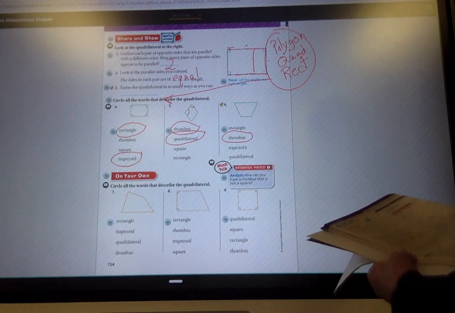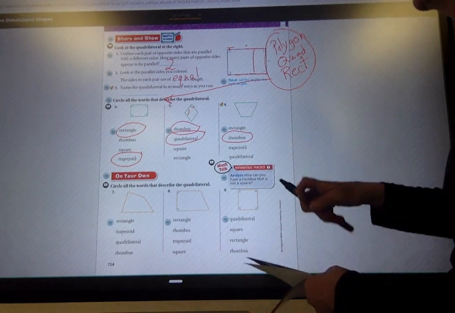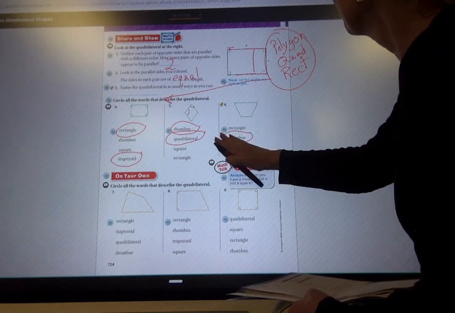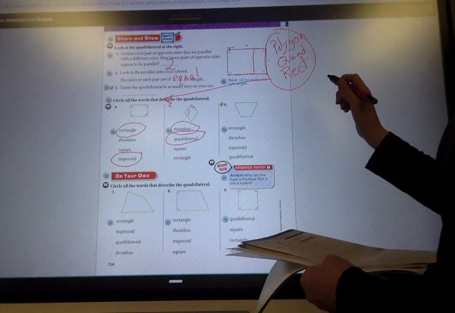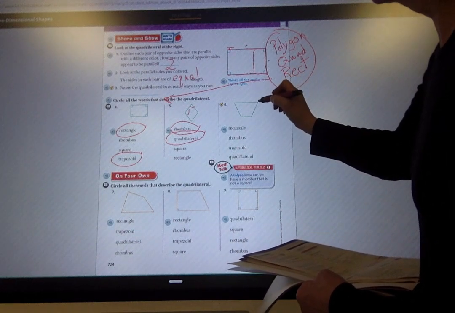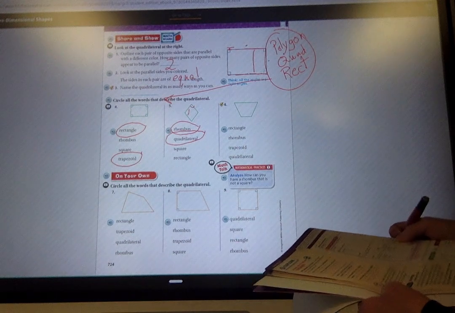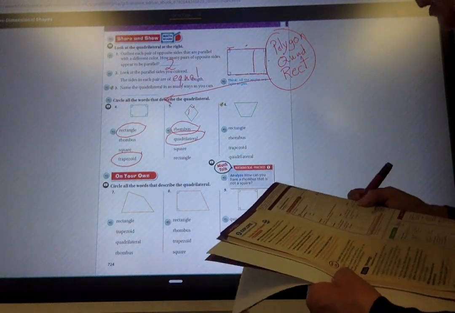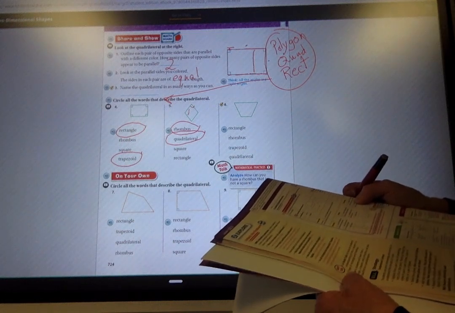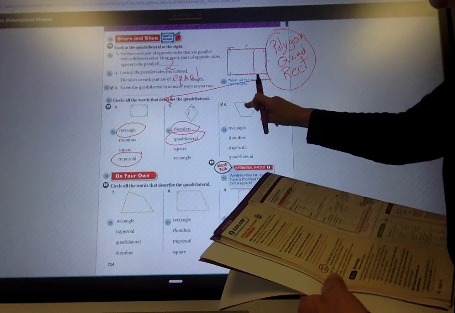Is it a trapezoid? Oh, wait. It's not a rhombus because, sorry about that, boys and girls, these sides are different lengths. Remember with a rhombus, and you might have to go back to page 723 when you're doing your assignment to see this, it says two pairs of opposite sides that are parallel.